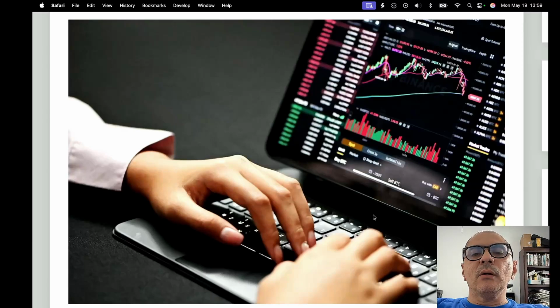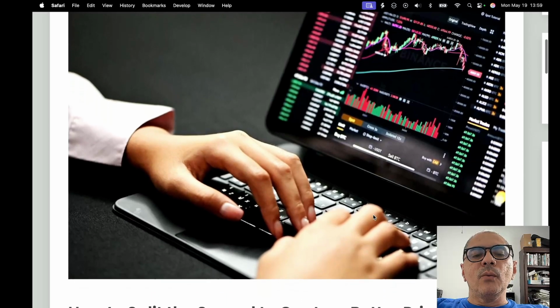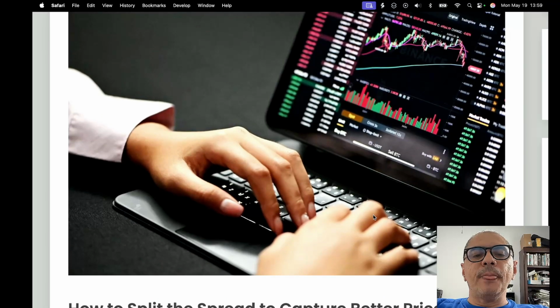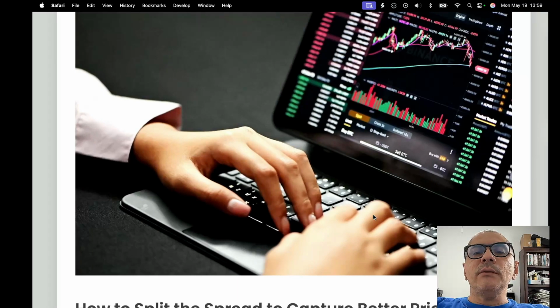Today we are going to talk about an interesting topic, which is how to split the spread and capture better prices when doing trades, especially on options. This is interesting because most investors, when they start trading options, don't know exactly how to determine the price, and usually this is a moment when traders lose money.